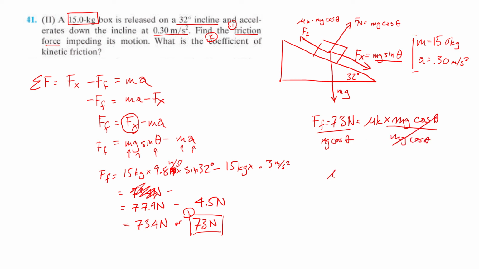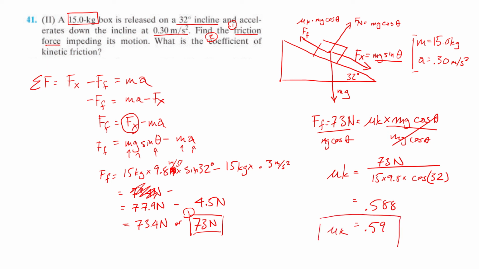The kinetic friction coefficient is equal to 73 newtons divided by 15 times 9.8 times cosine of 32. If you plug all of that in, I get 0.588, and the newtons cancel, so there's no unit here. Because it's 2 sig figs, I get 0.59. That is the friction coefficient.